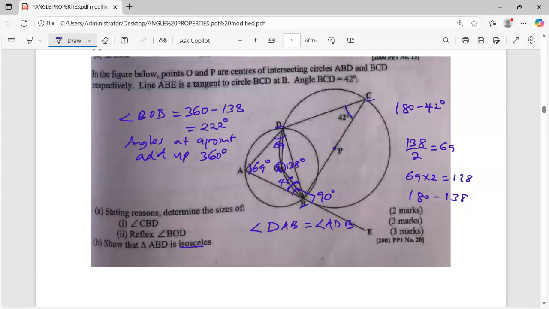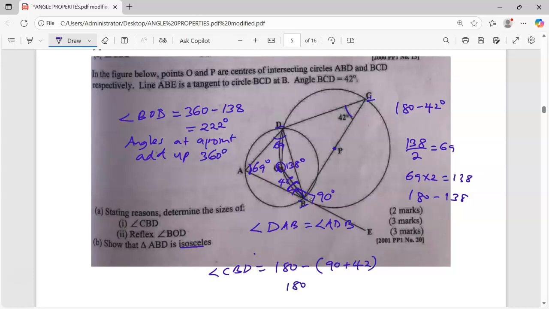If that is the case, to get the angle, which is Roman 1, angle CBD is going to be equal to 180, which is angles on a straight line. Then we minus 90 plus 42.